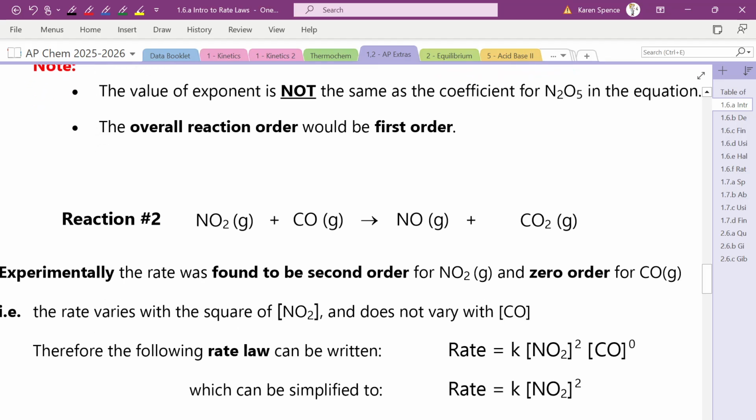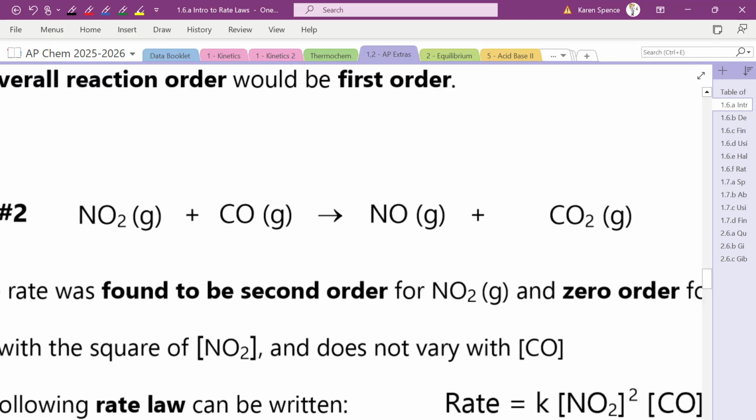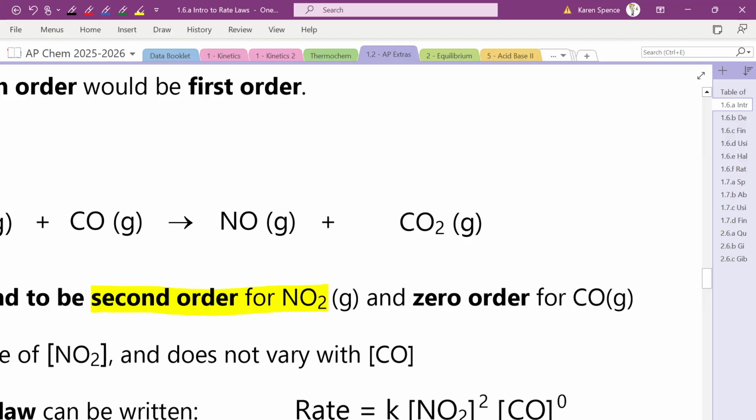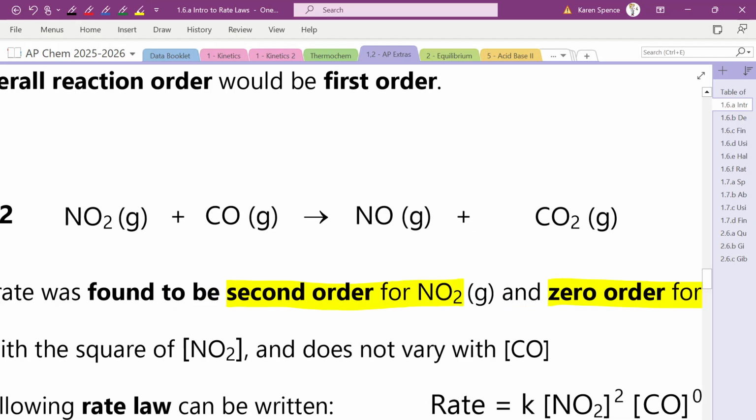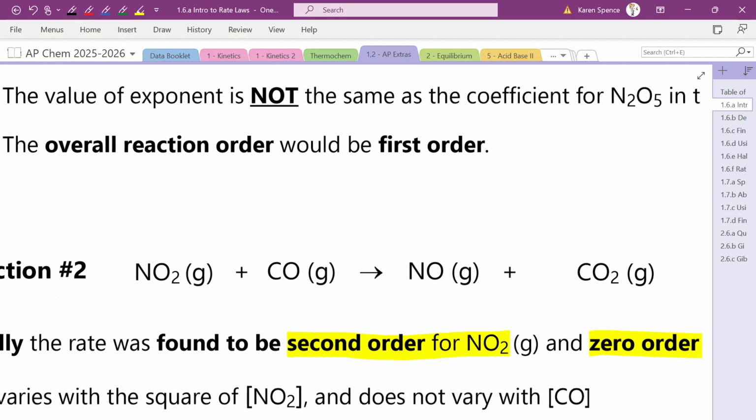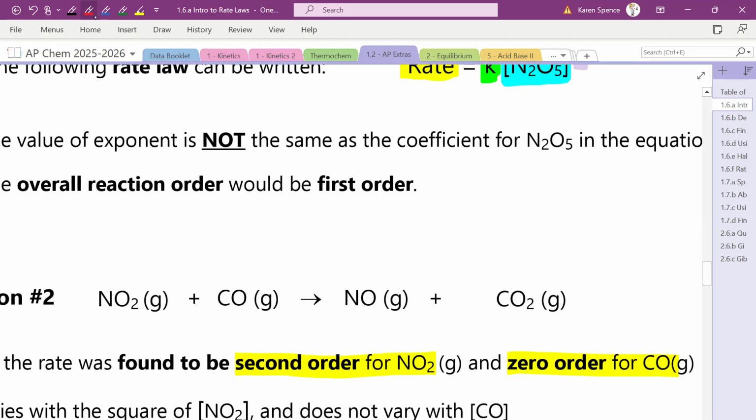Okay, here's reaction number 2. We've got NO2 plus CO gives NO plus CO2. So this time we have 2 reactants. This one was found to be second order for NO2, and it is found to be 0 order for CO. So let us, I'm not going to show that part yet, we're going to write the rate law for this reaction.